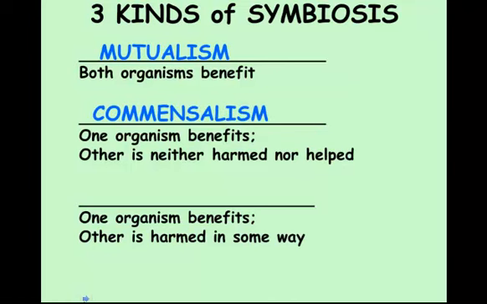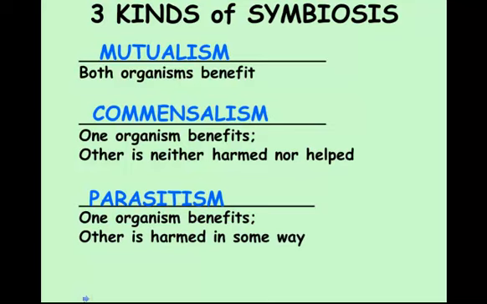One organism benefits from this relationship, and the other doesn't really care. They're not hurting them, it's not helping them, they're just there. And the third kind is parasitism. Notice in all of these, somebody's benefiting from the relationship, or they wouldn't do it. In parasitism, while one organism benefits, the other is harmed in some way.